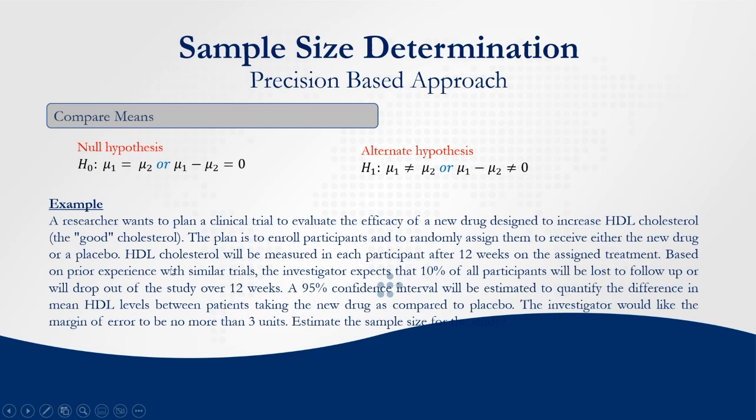Prior experience is telling them 10% of the participants will be lost to follow-up, and will drop out of the study over 12 weeks. Then we want 95% confidence, and a margin of error of not more than 3 units. So you see, these are specific to this particular study, and you will specify them.